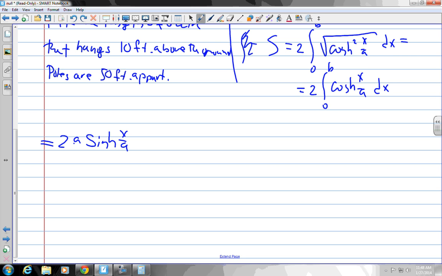I need an a, right? Evaluated from 0 to b. Now hyperbolic sine of 0 is 0, so we're just left with 2a of hyperbolic sine of b over a. So this would be the length of that curve. So given the values of a and b, we can actually compute that.